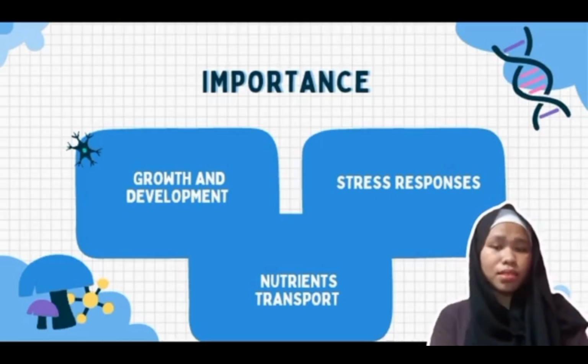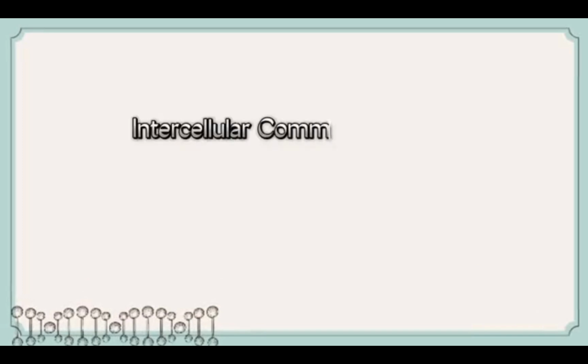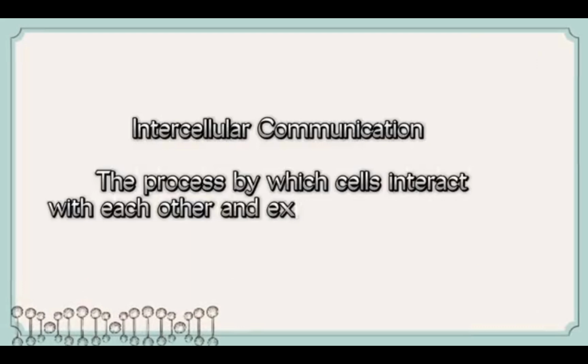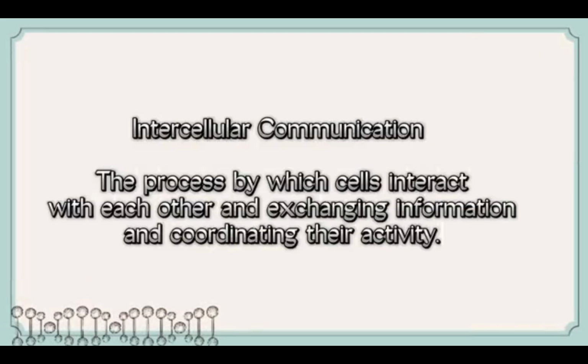In stress responses, they allow for rapid communication and transport of defense compounds, enabling plants to respond effectively to various stresses, as we mentioned before. And also in nutrient transport, they facilitate the movement of nutrients and metabolites between cells, ensuring proper nutrient distribution within the plants. So when we say intercellular communication, it is the process by which cells interact with each other, exchanging information and coordinating their activities.